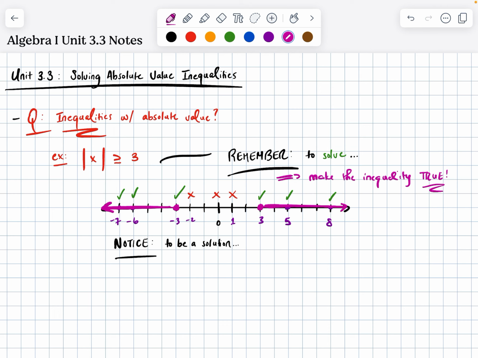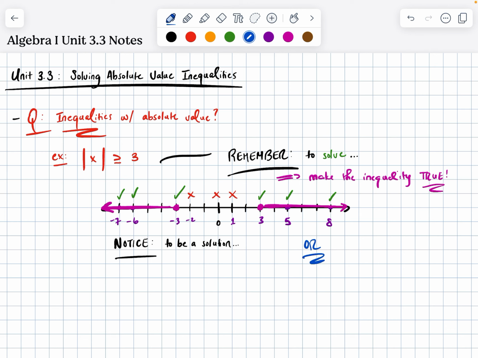What does this look like? Ringing any bells for you? What does this resemble? Think back to Unit 2, 5, 4, 3, 2, 1. Well, this looks like the graph of a compound inequality. It's a split. And splits always come from our or statements.